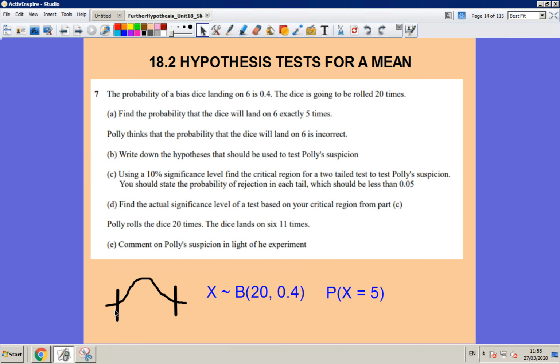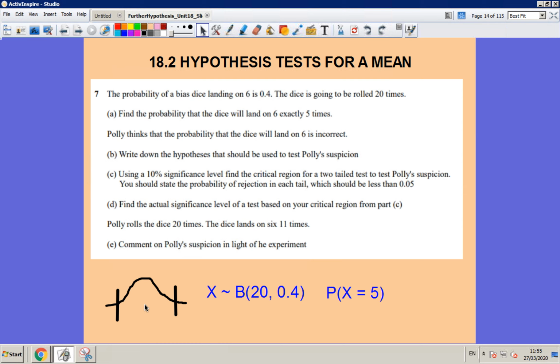We're interested in events at the bottom tail, the events that might make us think that the probability is less than 0.4. We're also interested in events at the top of the tail, the events that might make us think that this probability is bigger than 0.4.